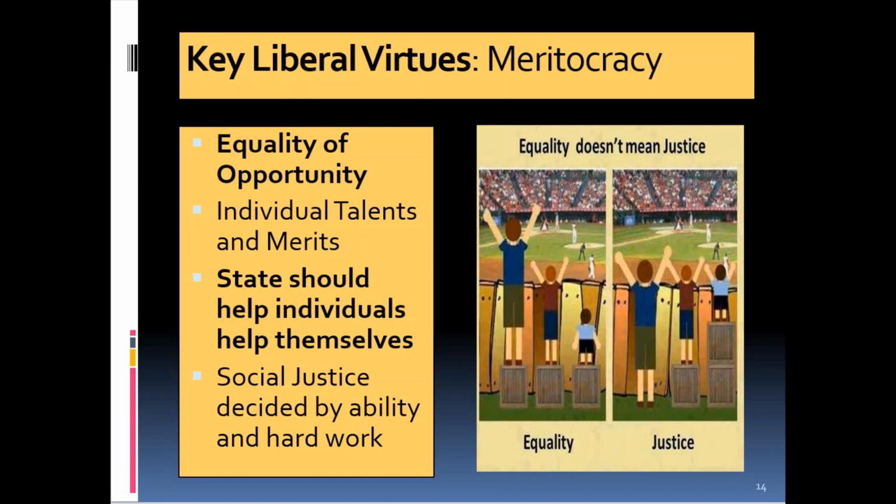So the idea in liberal theory is that governments shouldn't be treating everyone the same, in a sense. Why? Because people are different. Individuals want to self-actualize in different ways. Individual talents, individual merits. The government should be opening doors for people to cultivate those.